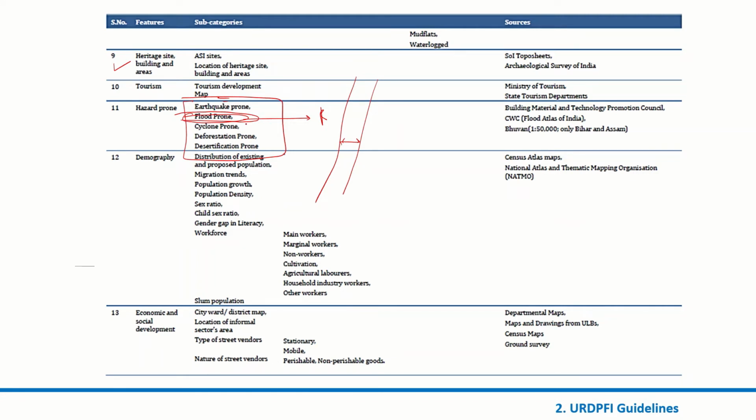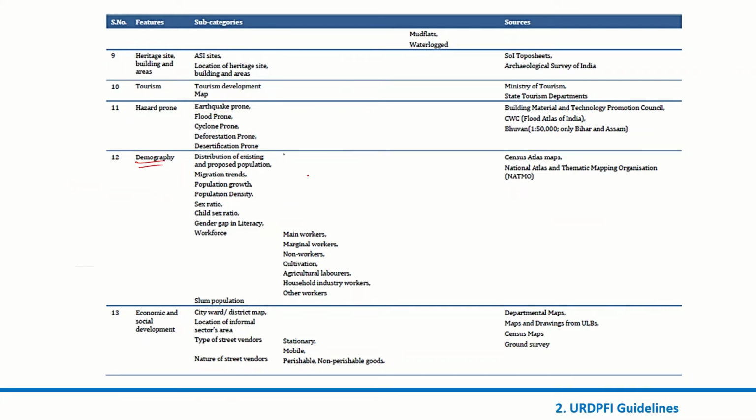Just one line. We don't have to do a lot of exercise. We just have to know what the flood lines are. Maybe 10-year flood line or 25-year flood line. Whatever data is available is good enough for us, just to demarcate the probable extent of flood in case it happens again.